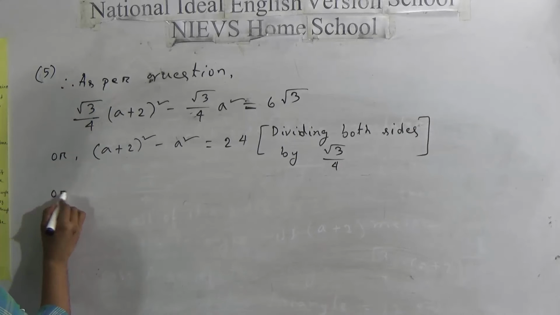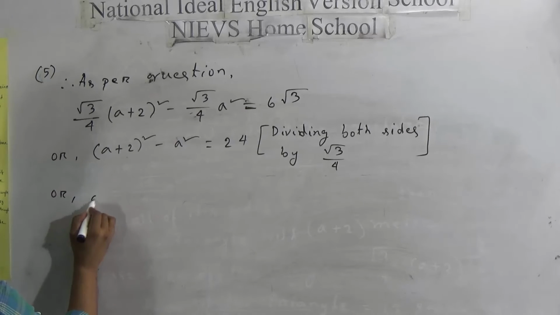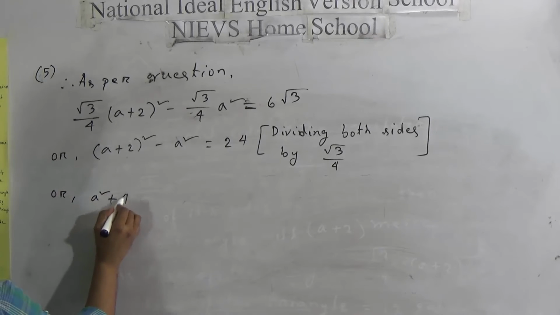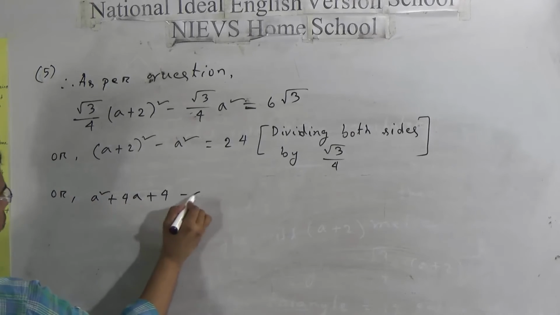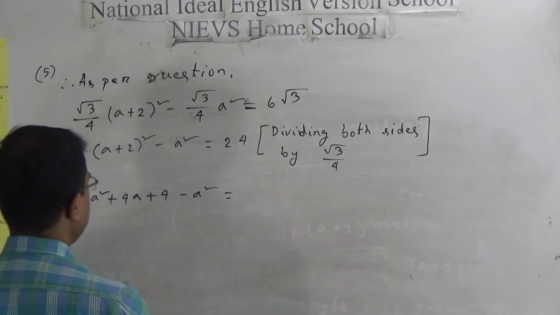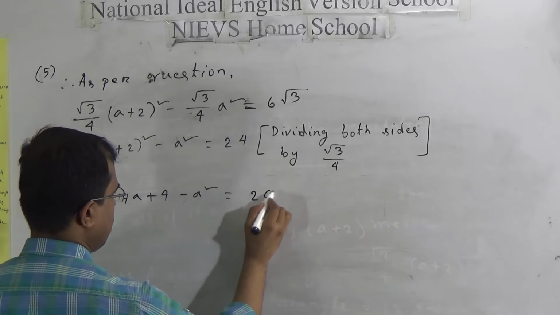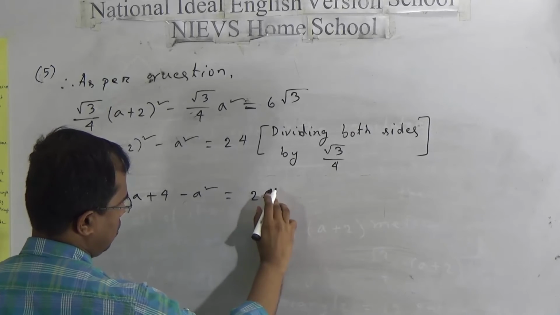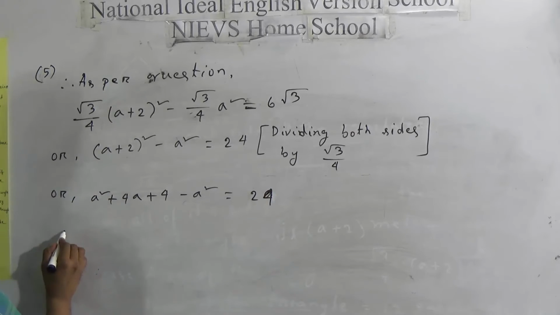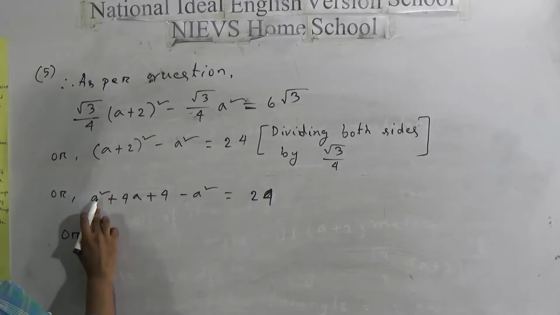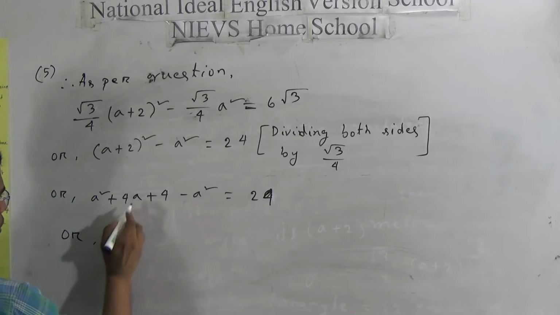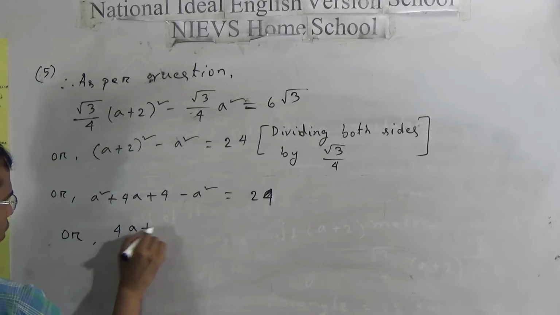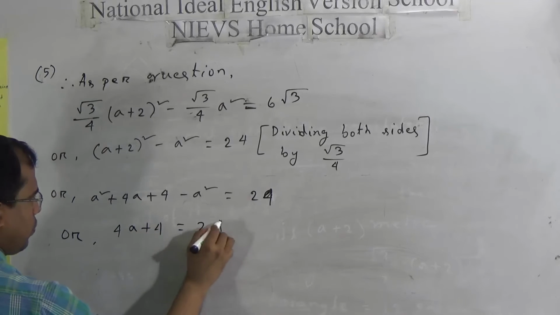Now applying formula (a plus b) whole square, we get here a square plus 4a plus 4 minus a square, this is equal to 24. Or we can cut this a square and a square, then 4a plus 4 equal to 24.